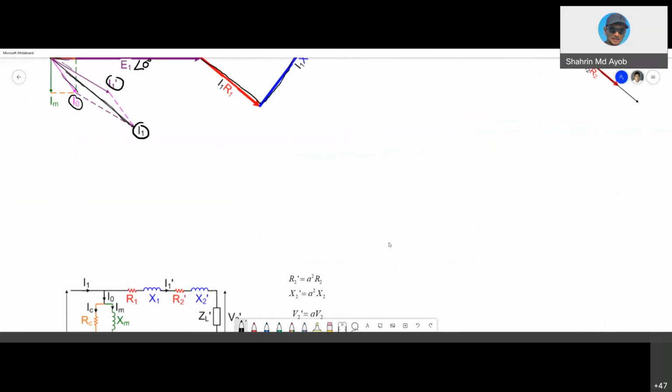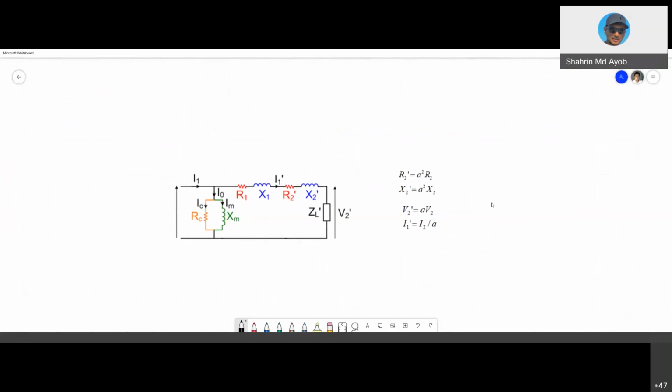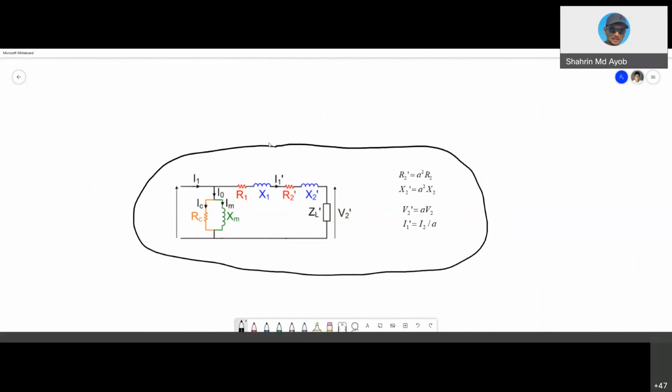Next is the approximation. This is the circuit that we use for our calculations, so please bear in mind that this is the circuit we are referring to in our calculations from here on. As you can see, before this, R1 and X1 were at this side.